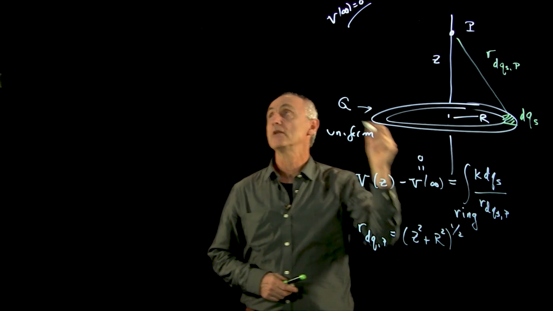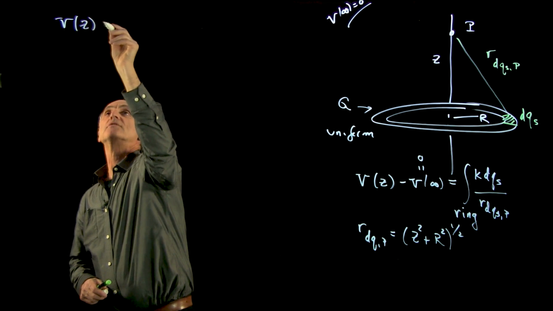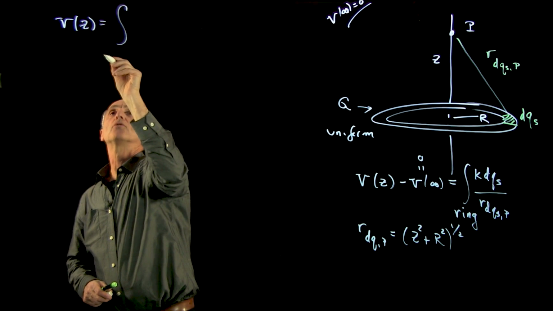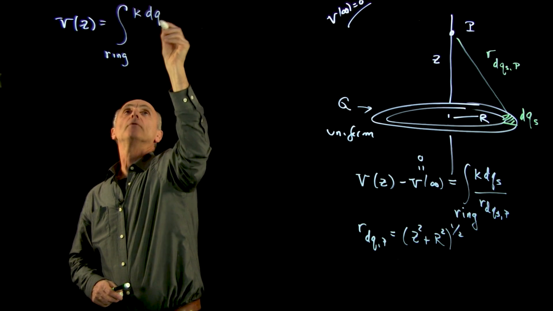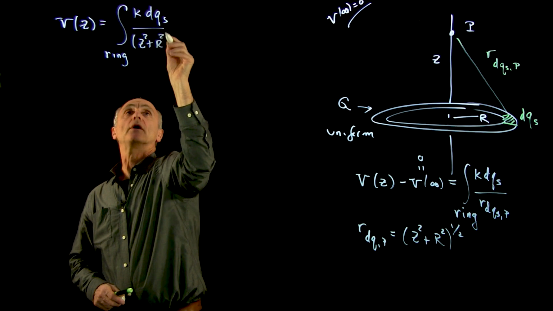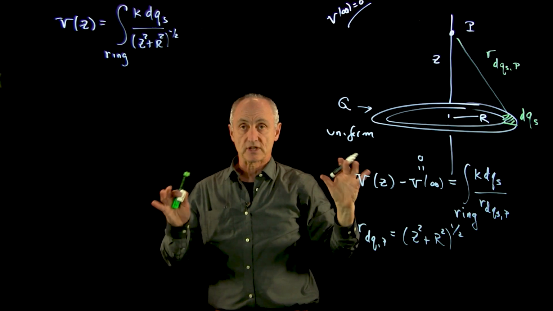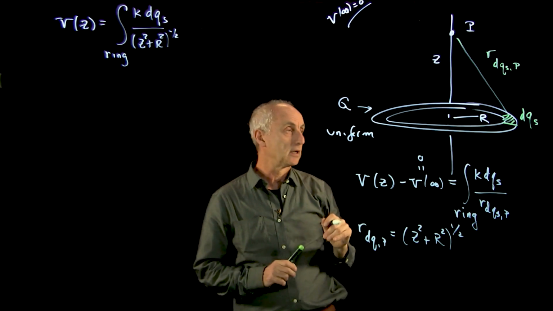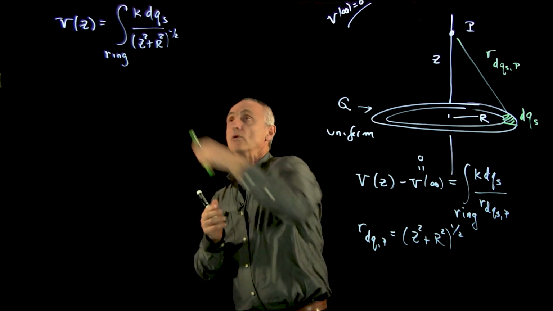And we can write our integral now as V on this axis z is equal to the integral over the ring of k dqs over (z squared plus r squared) to the 1/2. Remember, potential function is a scalar. It's not a vector. Now, as we go around the ring, what is our integral?